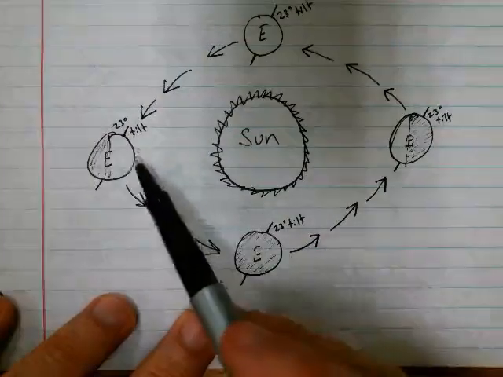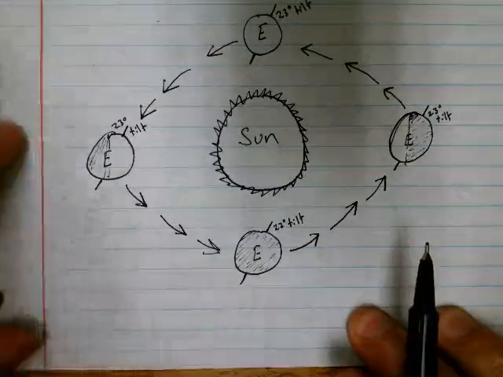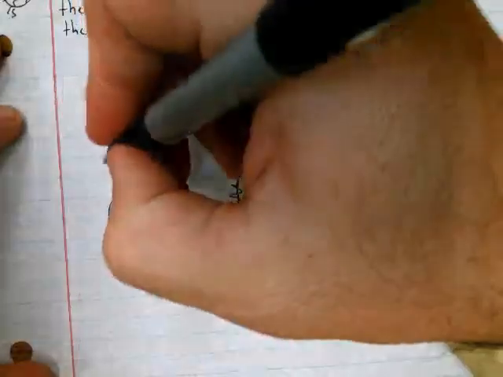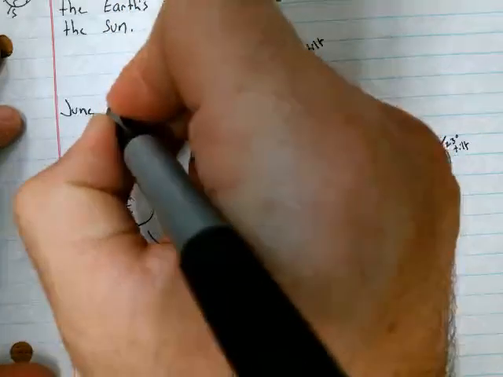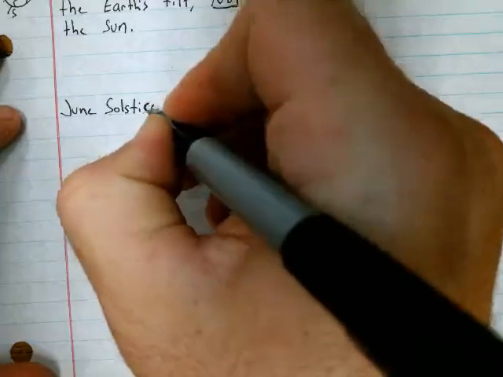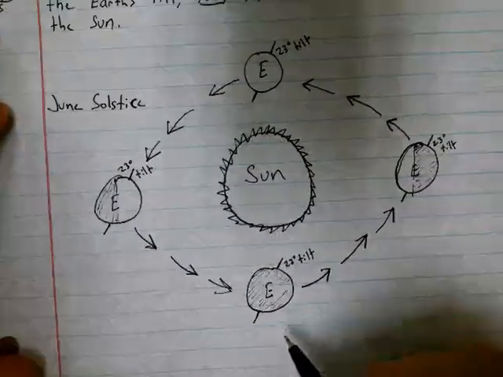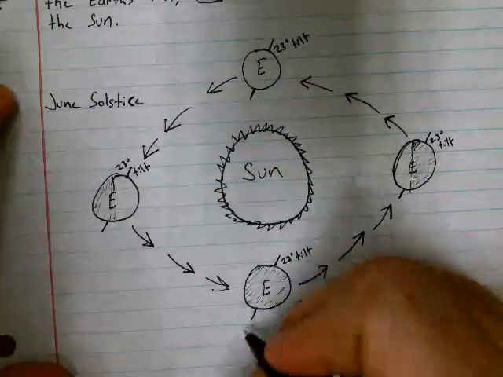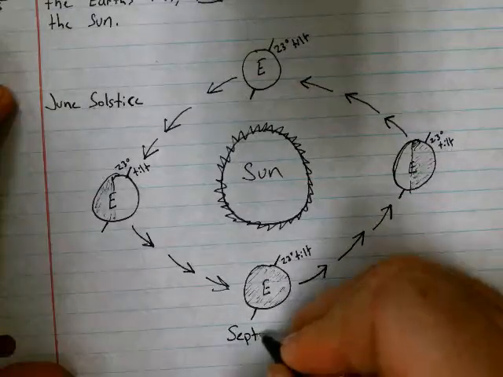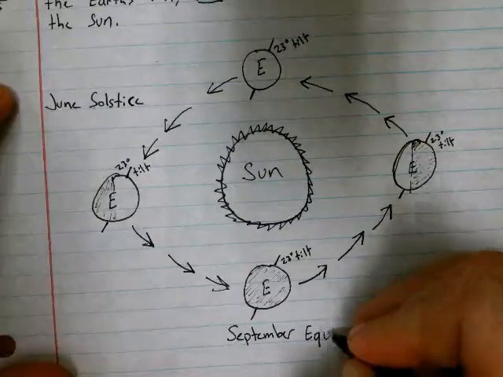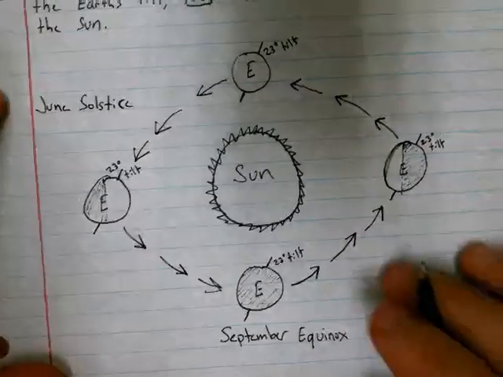Now this position right here we call June solstice. This one down here is called September equinox.